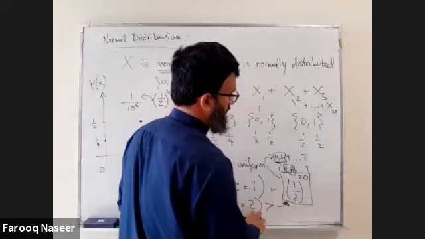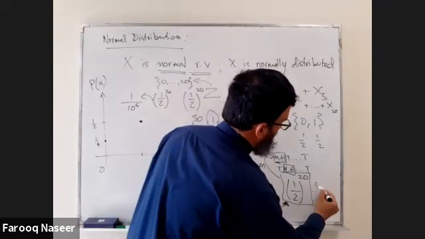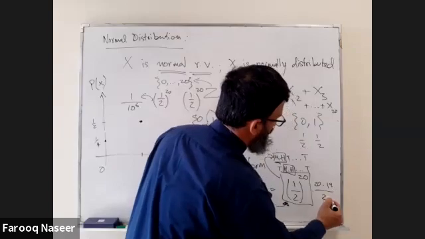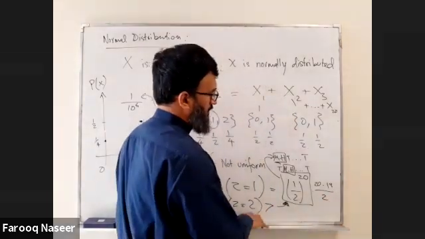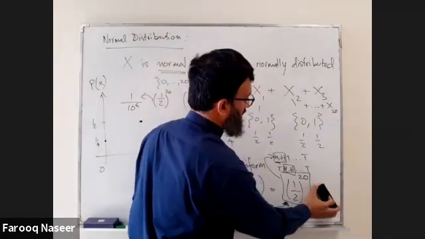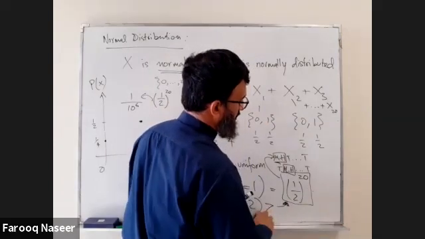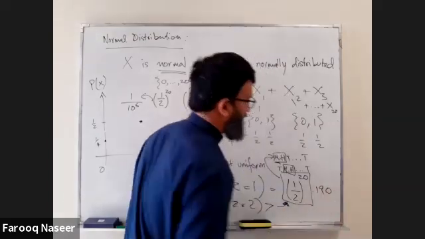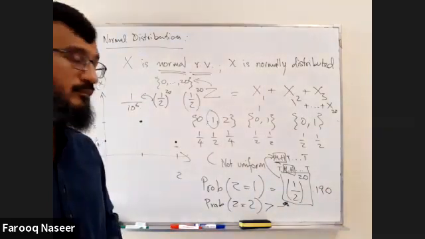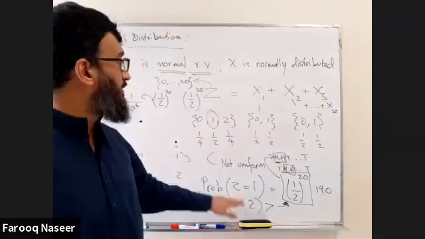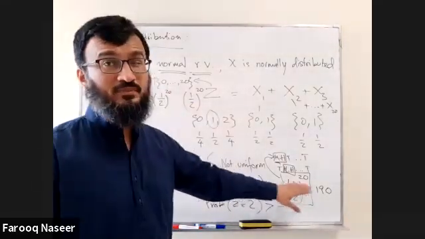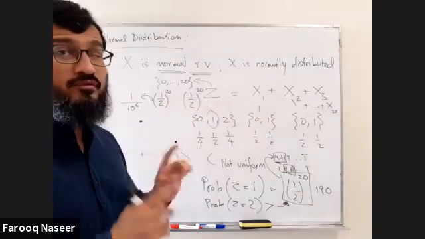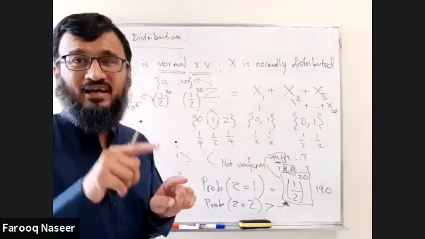This is 20 multiplied by 19 divided by 2. So there are 190 such sequences. Right? So basically, probability that z equals 2 is much bigger. And you will see that basically there are many more ways of getting the middle value.